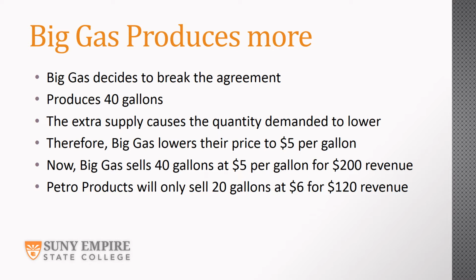Because the supply has increased, the quantity demanded will lower. Therefore, Big Gas will drop their price to $5 per gallon. In this instance, Big Gas will sell their 40 gallons at $5 per gallon for a revenue of $200. But now, Petroproducts will only sell 20 gallons at $6 per gallon for $120 in revenue.